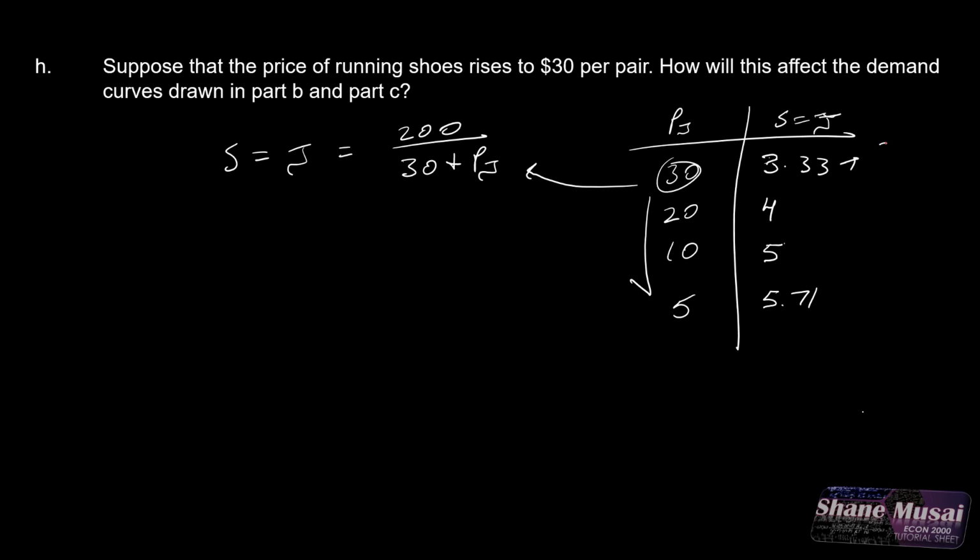It would be 200 over 30 plus 30, which should equal 3.33. And you solve for all, you will get these values. Notice that these values are smaller than what we calculated in part E and part G. So this higher price of shoes would shift the demand curve inwards. And that answers this question.